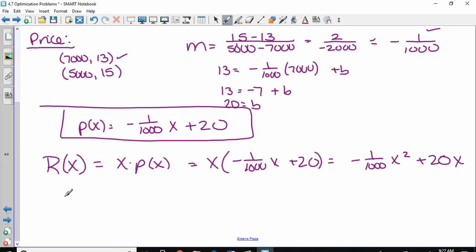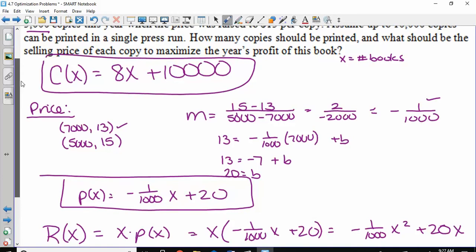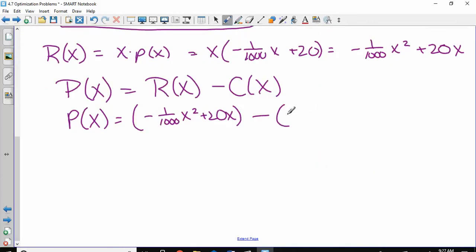So we are in pretty good shape now because we want to maximize profit. Profit is revenue minus cost. So my revenue is negative 1 over 1,000 x squared plus 20x minus my cost, which was 8x plus 10,000.